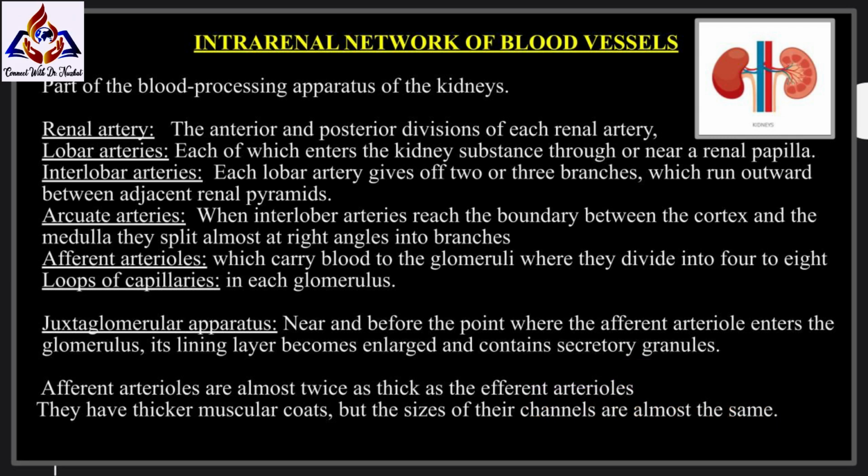Near and before the point where the afferent arteriole enters the glomerulus, its lining layer becomes enlarged and contains secretory granules. This composite structure is called the juxtaglomerular apparatus and is believed to be involved in the secretion of renin.